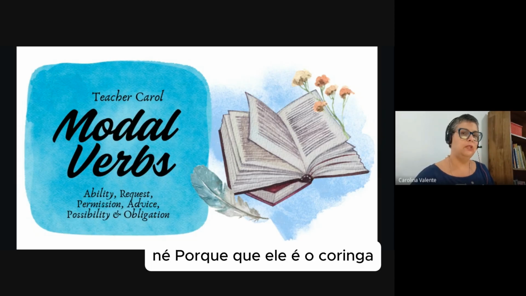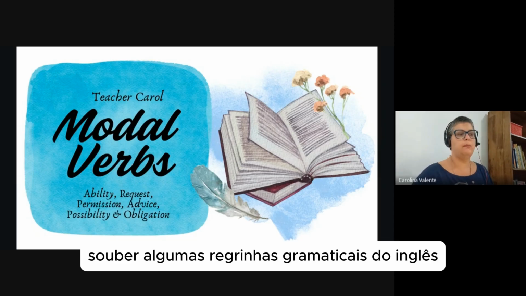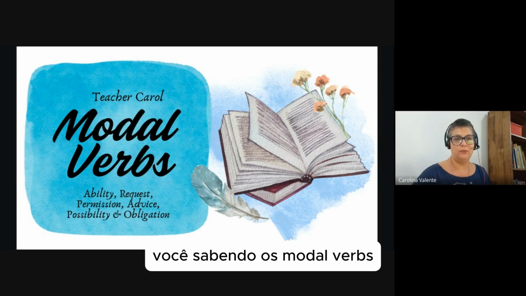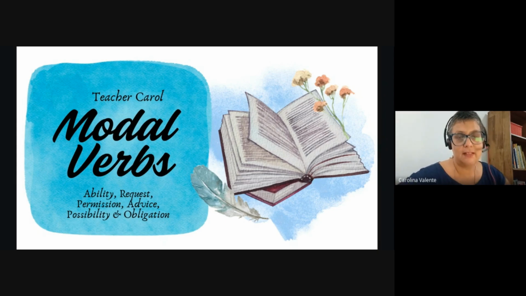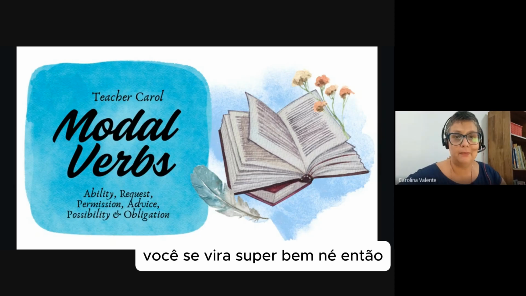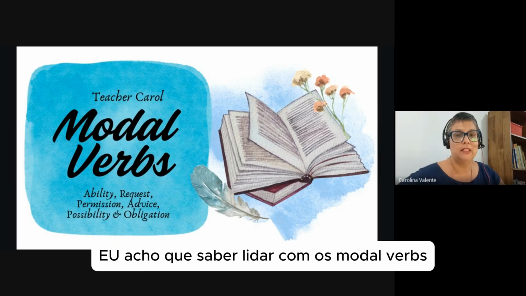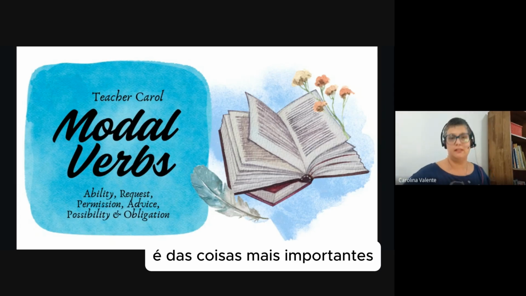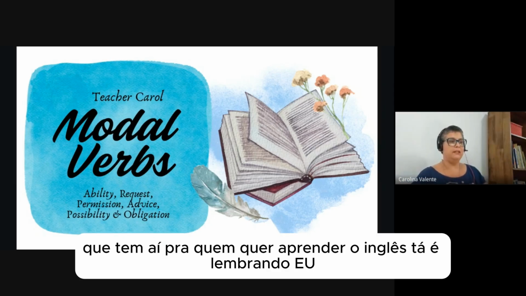Por que que ele é o coringa? Porque se você não souber algumas regrinhas gramaticais do inglês, sabendo os modal verbs, você se vira super bem. Então, eu acho que saber lidar com os modal verbs é das coisas mais importantes para quem quer aprender o inglês, tá?